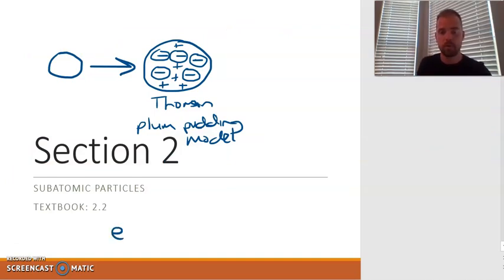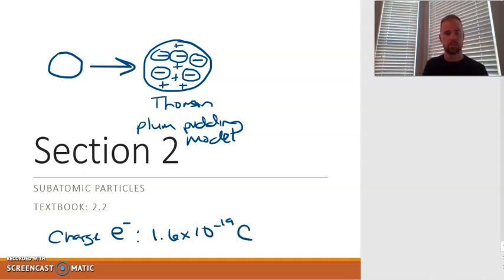But when you think about the charge of an electron, a lot of times students think, well, isn't it -1? No, that's the relative charge. The actual charge of an electron is 1.6 times 10 to the negative 19th coulombs. And coulombs is a unit of charge. Now, since electrons are negative, that's the sign.